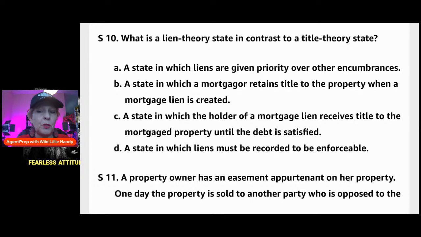The borrower, the person that just bought the property, retains title to the property when a mortgage lien is created. So those are mortgage states. Texas is a title theory state where the holder of the mortgage lien is the lender, okay, receives the title to the mortgage property. So the mortgagee keeps the lien, the title, in a title theory state, but in a lien theory state, the mortgagor retains title of the property when the mortgage lien is created.